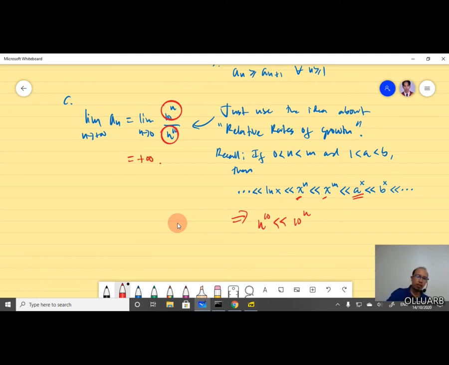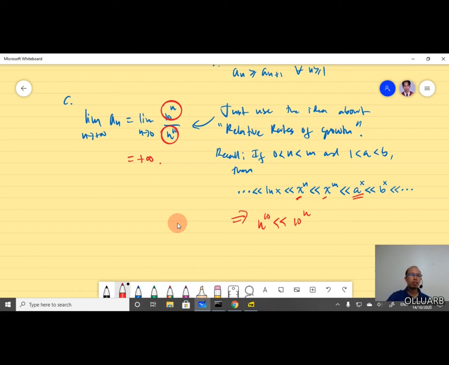Okay, so again, letter B and letter C of the alternating series test, the series summation of -1 to the n plus 1 times 10 to the n over n to the 10, where n starts from 1 to positive infinity, is divergent.